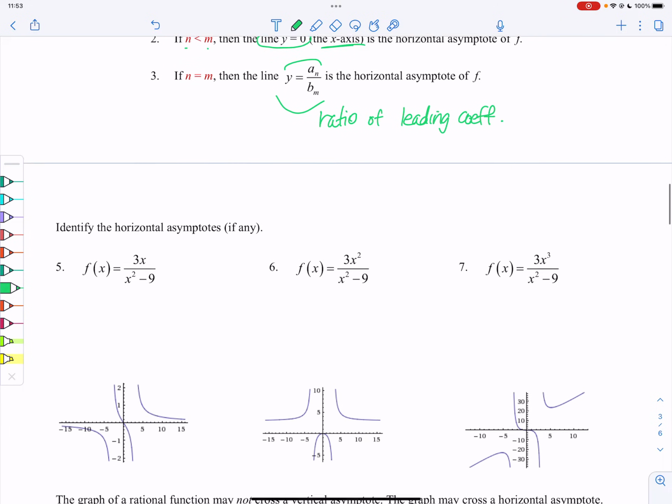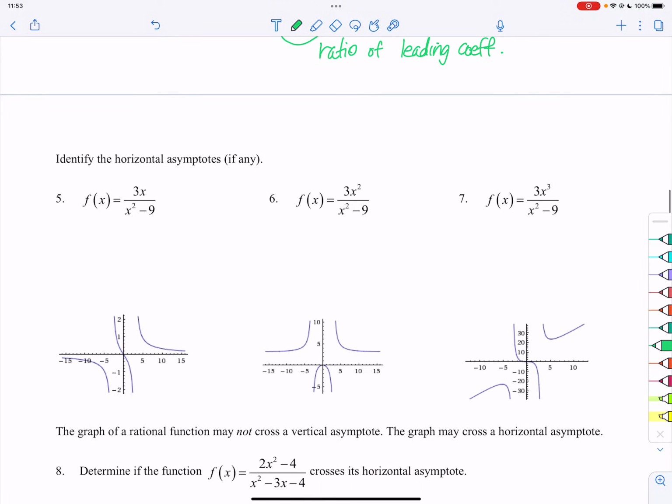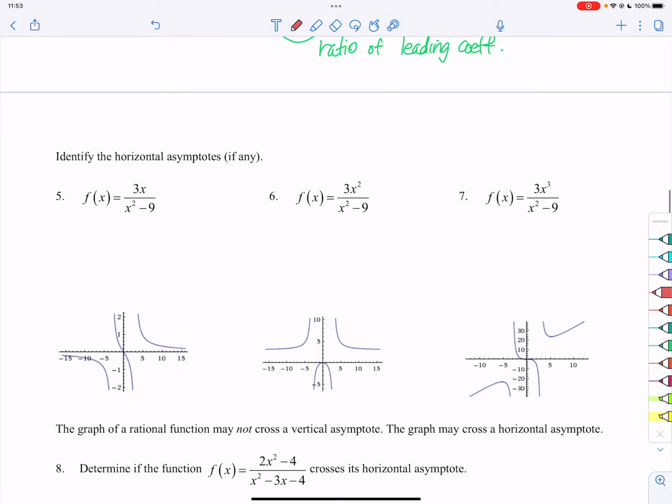Okay, let's take a look at these. Look at number 5. And in number 5, what do you notice? The degree of the numerator is less than the degree of the denominator. So just looking at these degrees, I have 3x over x squared. This is degree 1. And I guess they said m is 2. So here, n is less than m.